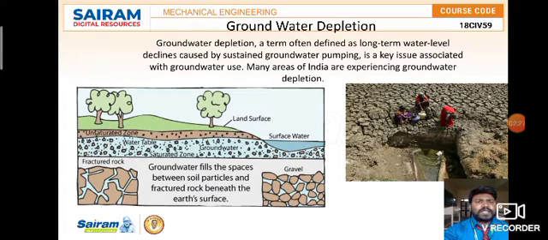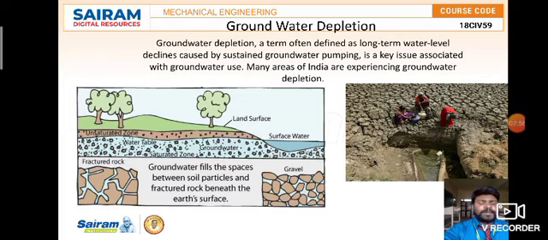To put it clearly, water depletion, a term often defined as long-term water level declines caused by sustained groundwater pumping, is a key issue associated with groundwater use. Many areas of India are experiencing groundwater depletion. A major reason is groundwater pumping.